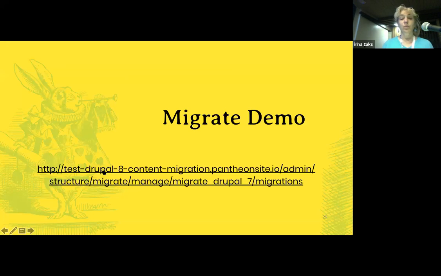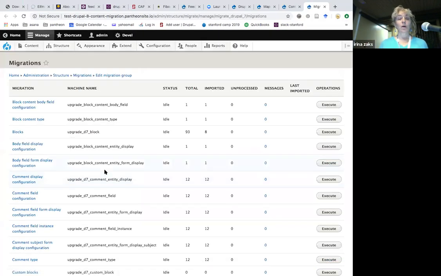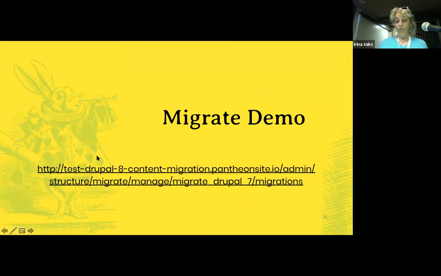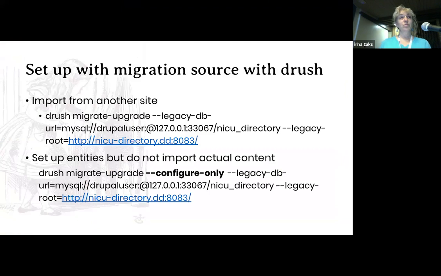So I can do a migration. I can write a migration with Migrate. And when I'm running it, I will get all these migrations for every single detail, except that I don't want to deal with Drush and write custom plugins all the time.